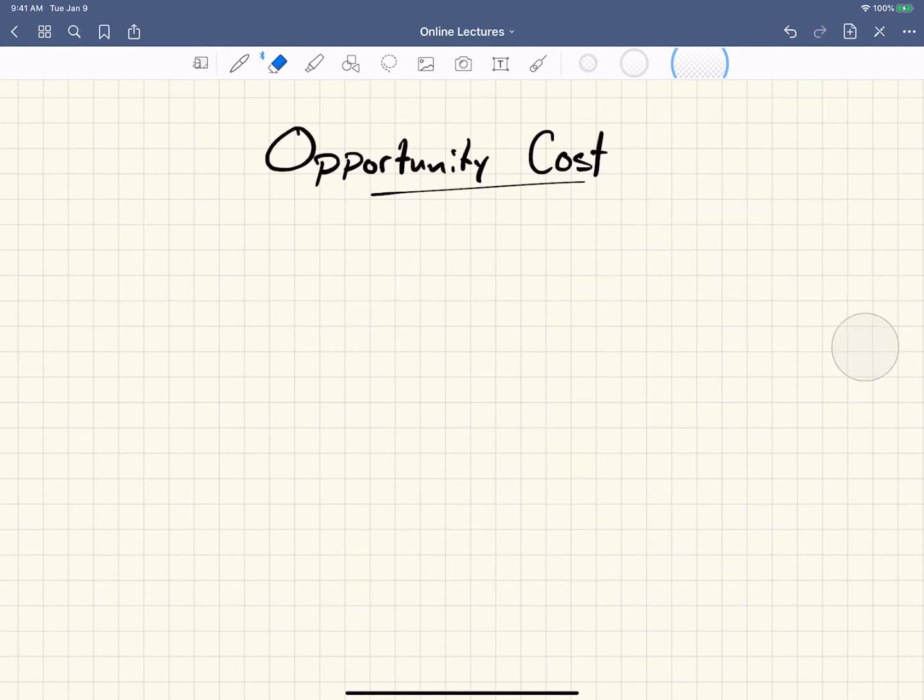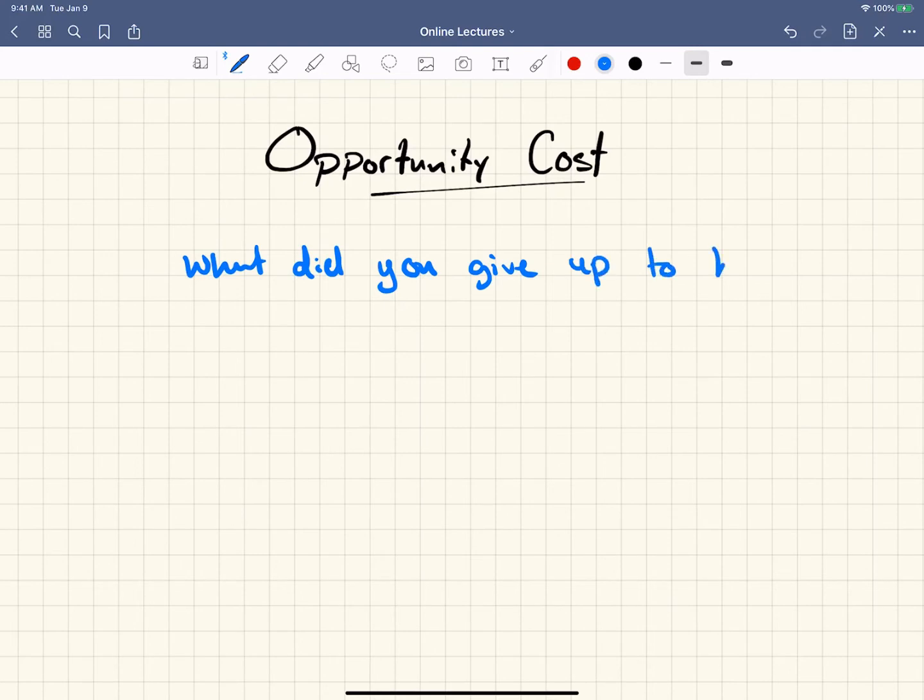So the definition of an opportunity cost, let's jot that down, is: what did you give up to have what you have? Okay, that's my simple definition. What did you give up to have what you have?